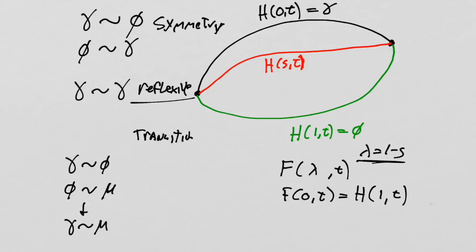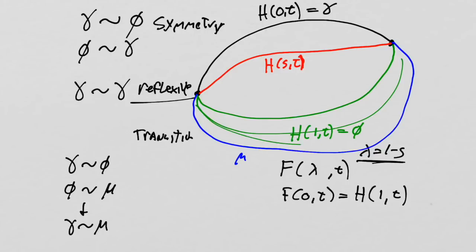And that is not hard to show because, remember, everything's fixed point homotopic here. So if this is mu, and phi is homotopic to mu, that means there are all these curves like this, right? So now I just do the same game with gamma and mu, and I go through all of the curves that connect me to phi, and then I add the curves that connect to mu.